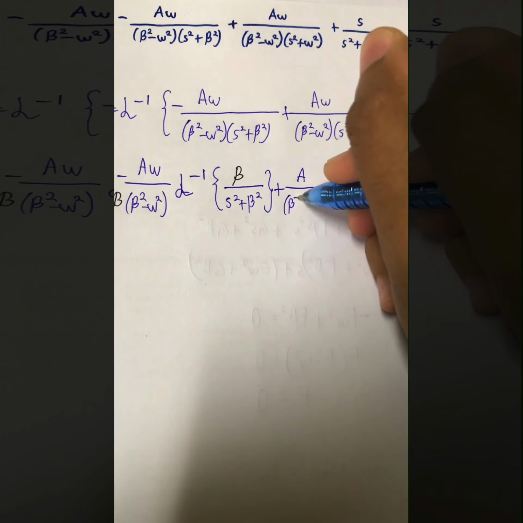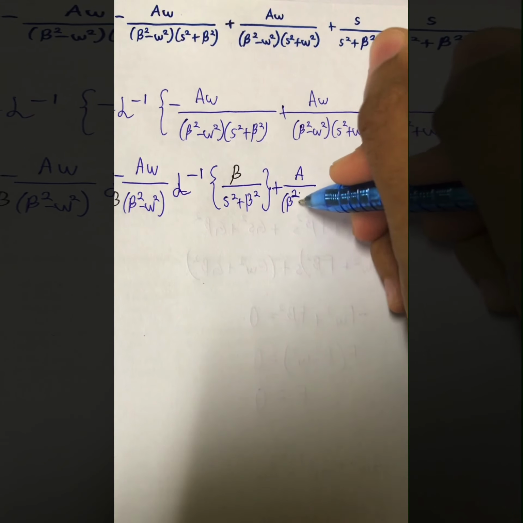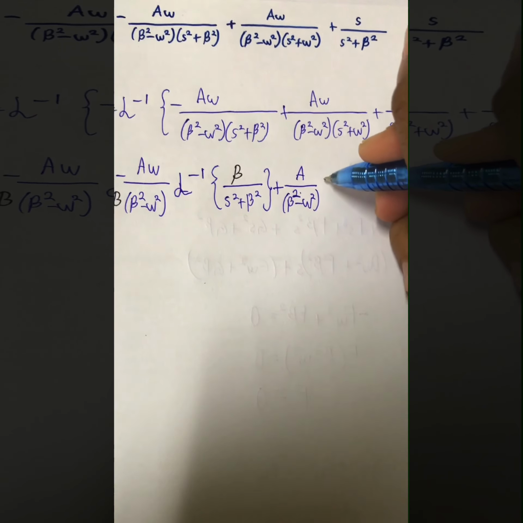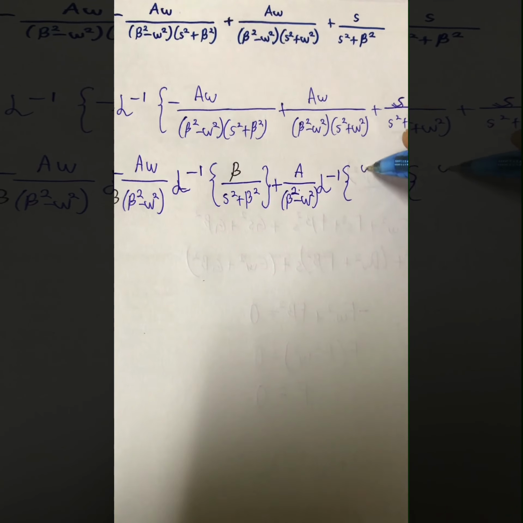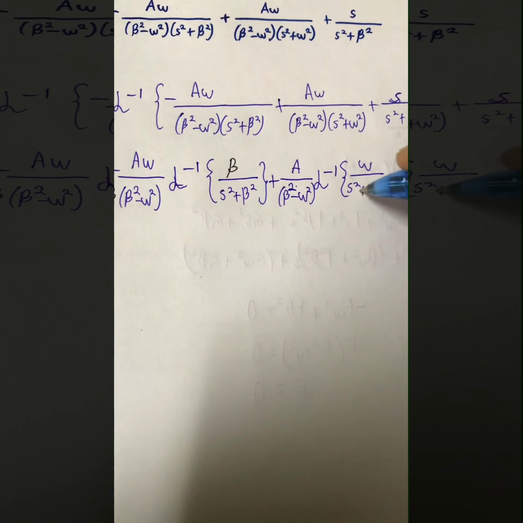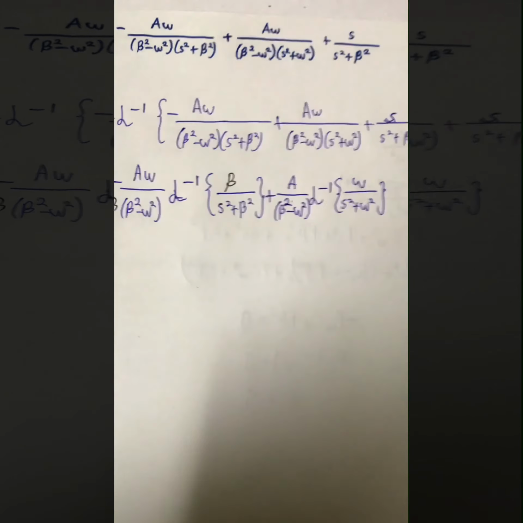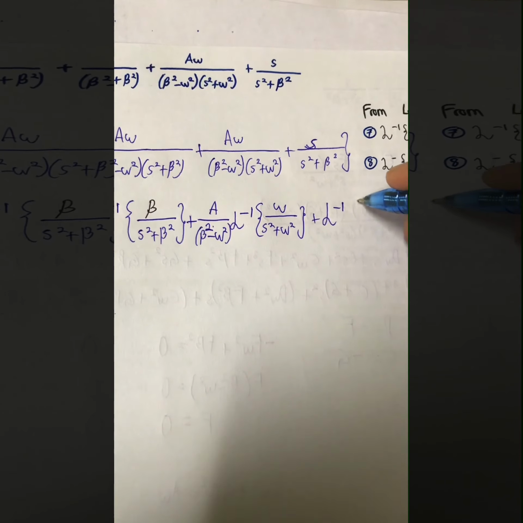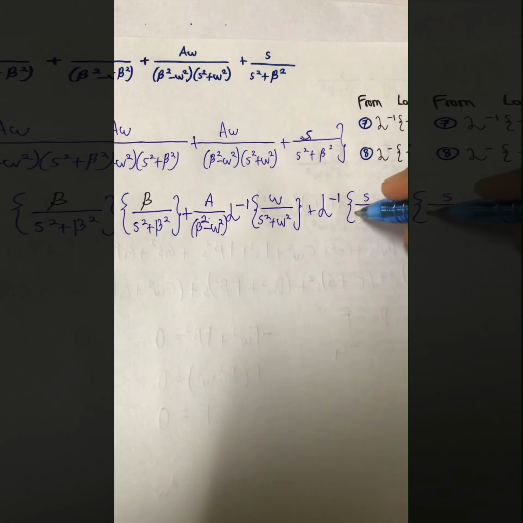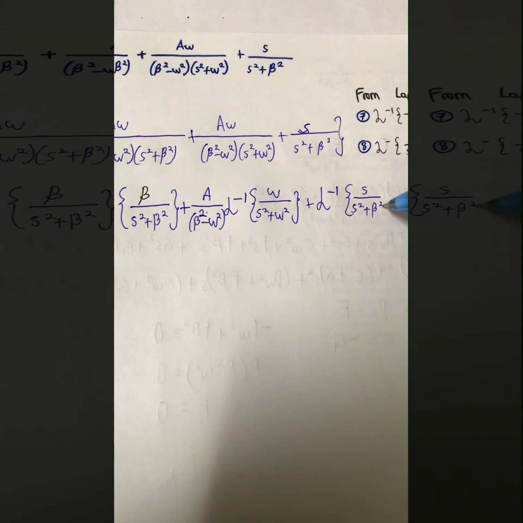So beta, minus beta square minus omega square, then times the inverse Laplace of omega over s square plus omega square, and then the inverse Laplace of s over s square plus beta square.